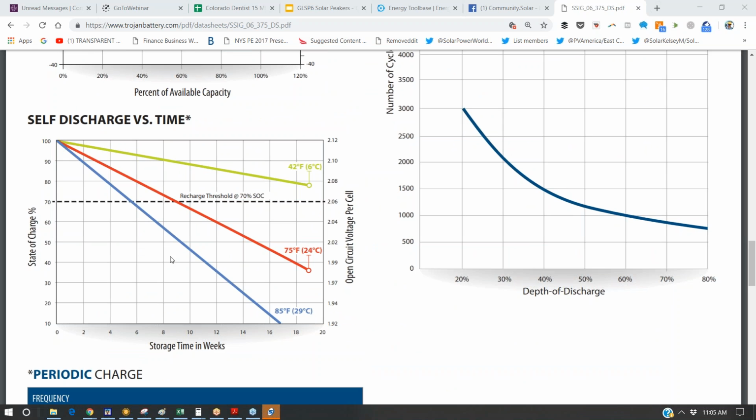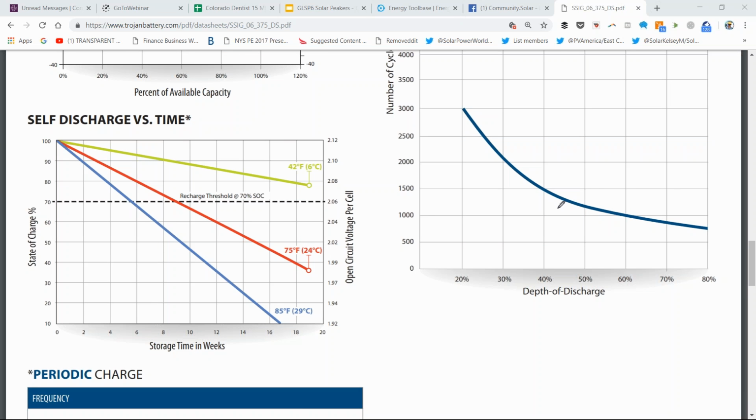And so in the lead acid arena, you have to figure out how many cycles, what's the life I'm going to get out of my battery? So you go through your usage and you determine, based on your battery bank size, what is my average depth of discharge?